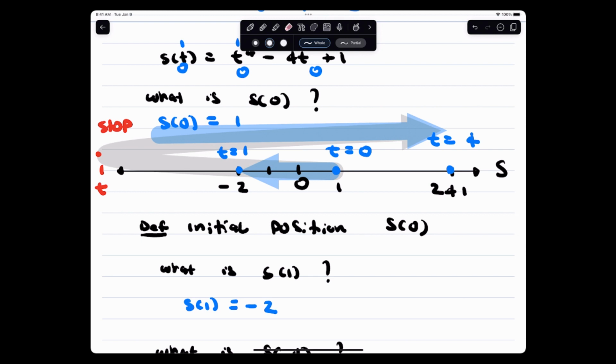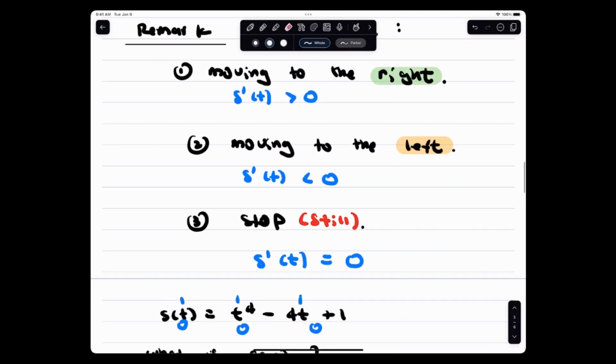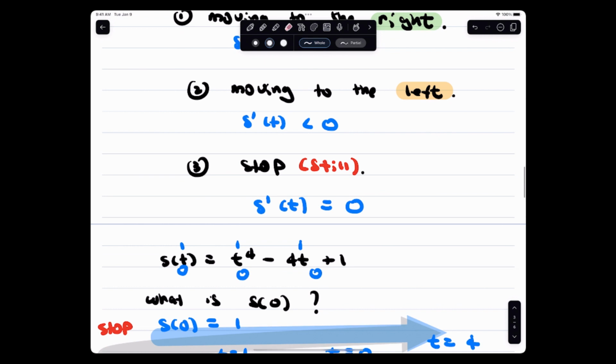But you might say, how do we find when a particle stops? Well, that's when the velocity is what? 0. Remember we said that to you guys over here? When does a particle stop? When the velocity function equals 0. Stop and think about that.